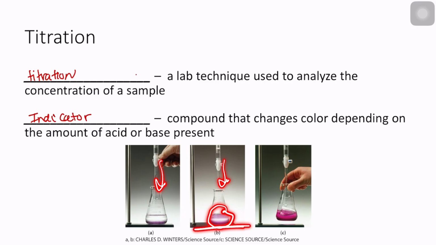So this right here is called our endpoint, and that is where the moles of acid are equivalent to the moles of the base, and you can use stoichiometry to figure out how many moles of acid you have in your solution. If you keep adding base, you'll notice that the color will become darker and darker, and that is when you have gone past your endpoint. And so now there is just a lot of base in there.